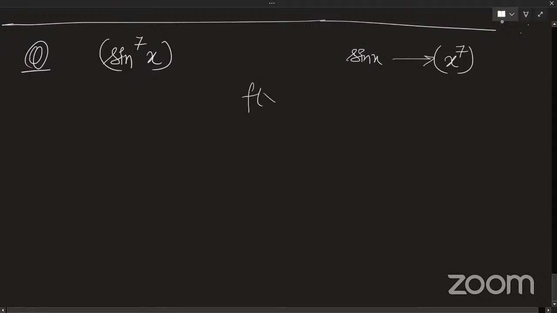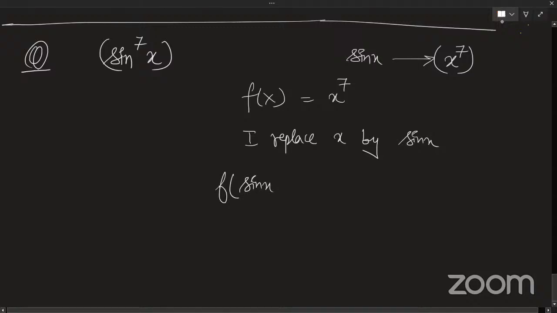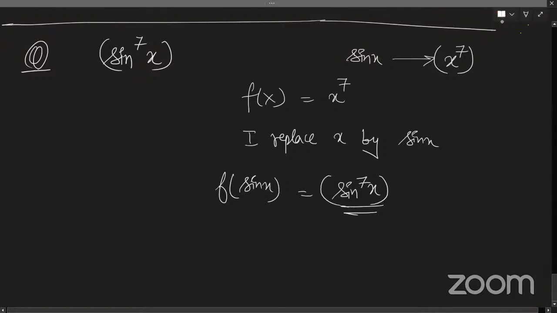If I have a function f of x equal to x raised to the power 7 and I replace x by sin x, it will be f of sin x. So I will get this function, sin x to the power 7. Right? Yes, sir. Okay.